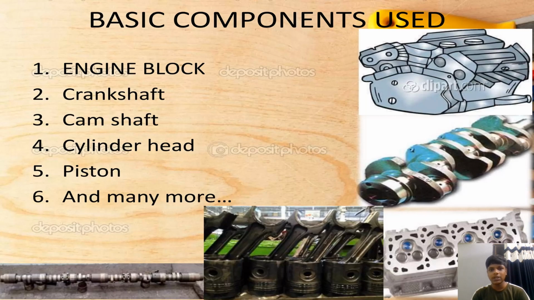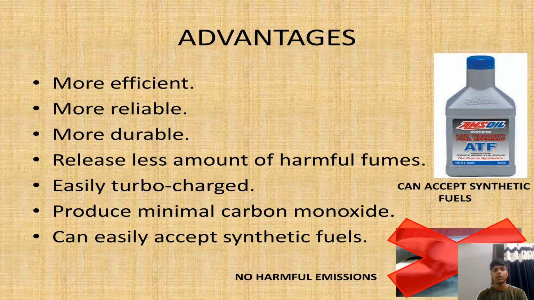Next, basic components used. It consists of, in four-stroke diesel engine, engine block, crankshaft, camshaft, cylinder head, piston, and many more like piston ring, etc. Let me see the advantages of four-stroke diesel engine.